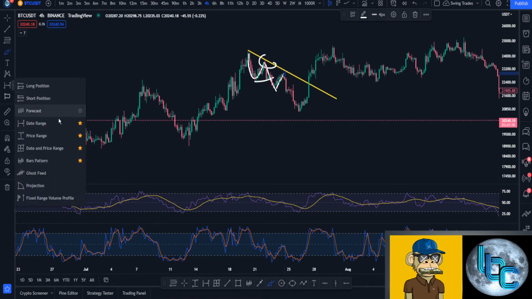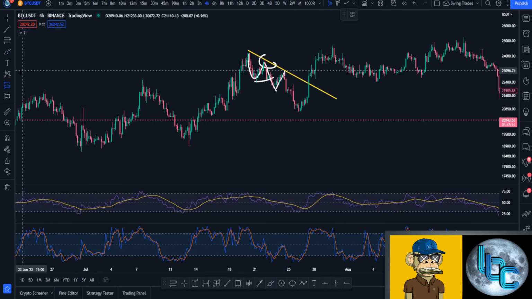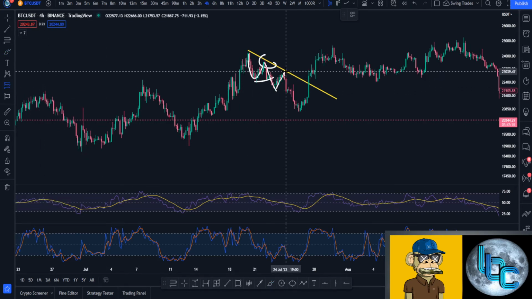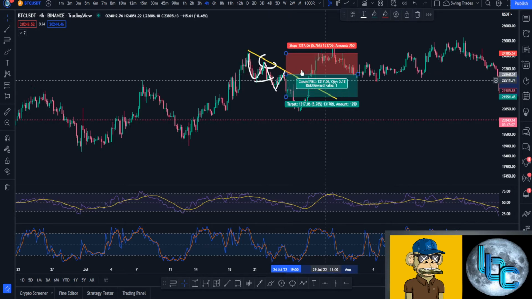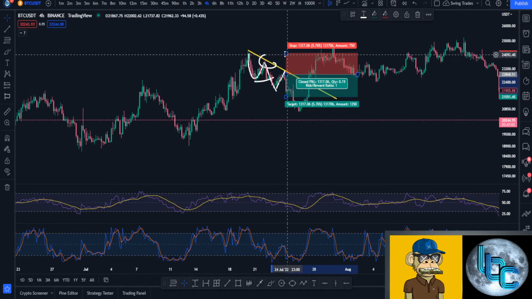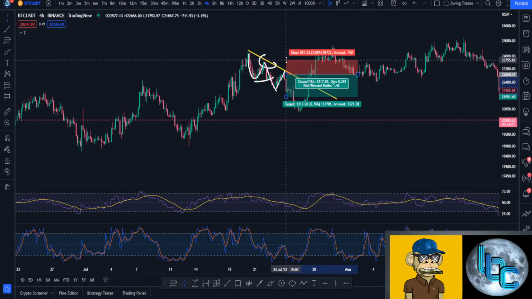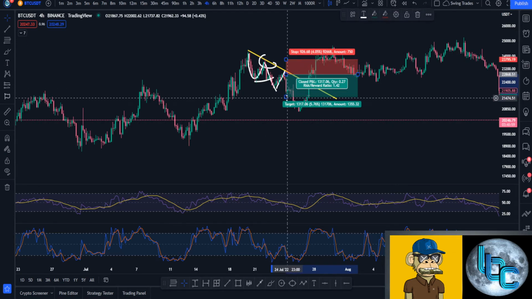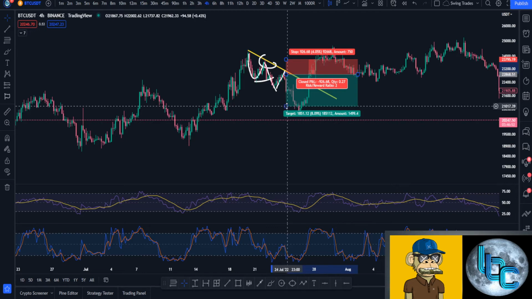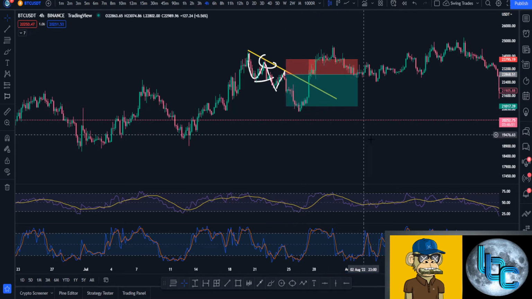Throw in, where is it? Not long position, short position. Come up here. We're going to say we got in right here. Your swing high is up here, so we want to go a little bit above it. And then we want a 2-to-1 ratio. And look at that, right before it bottoms out.